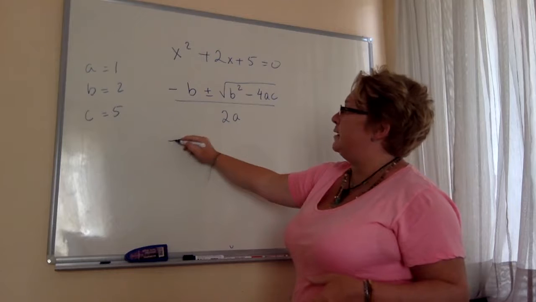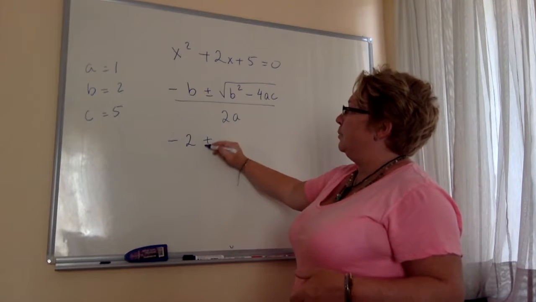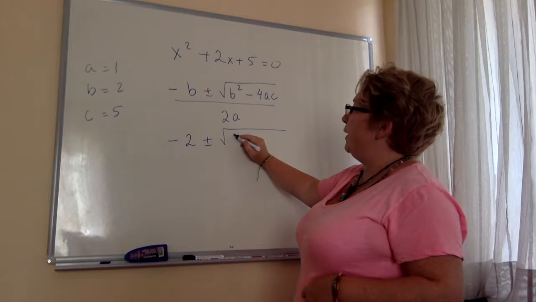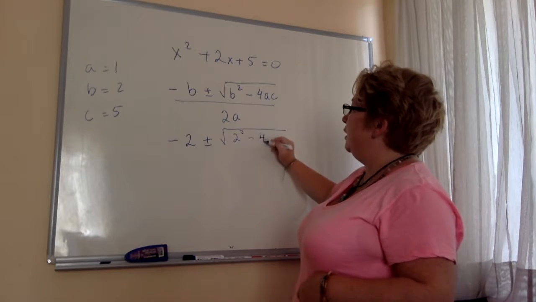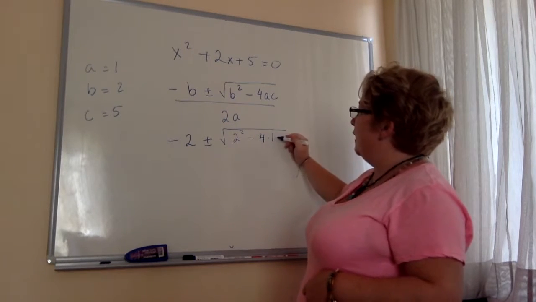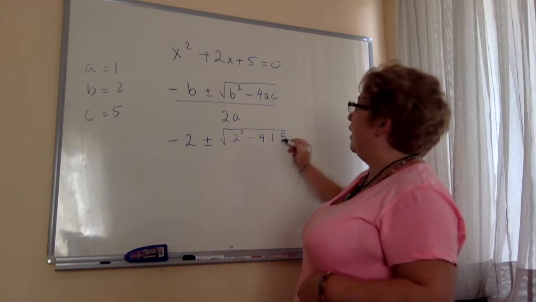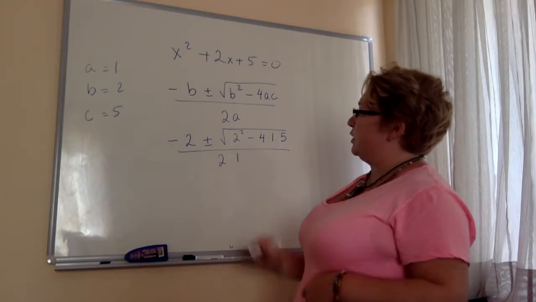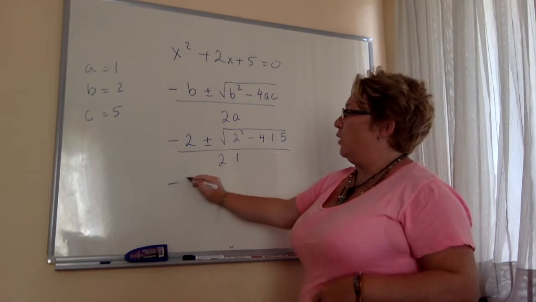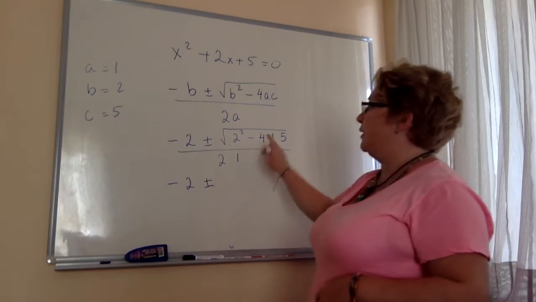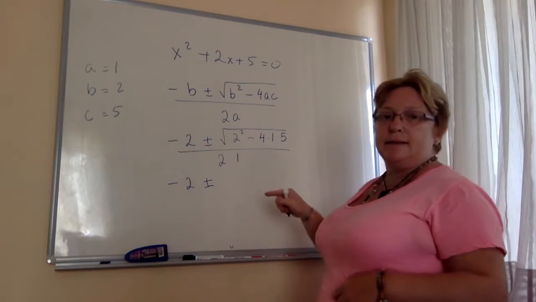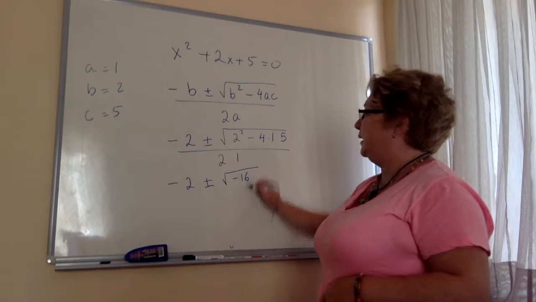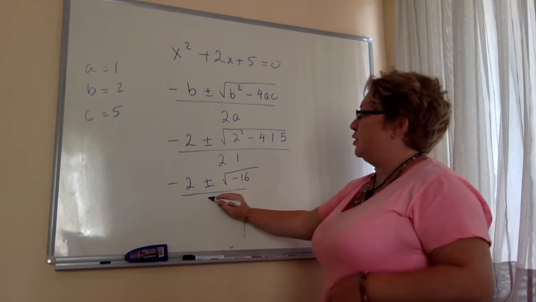So when you plug these in, you get negative 2 plus or minus the square root of 2 squared minus 4 times a, which is 1, and c, which is 5, all over 2 times a, which is 1. Now, when we simplify this, especially the discriminant inside the square root, we get the square root of minus 16 here, all over 2.